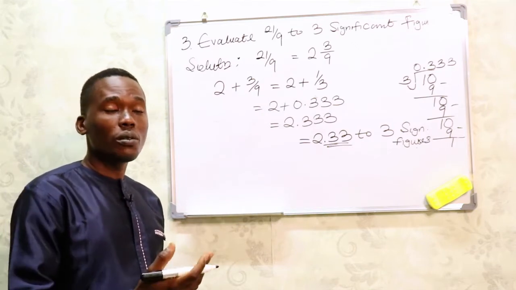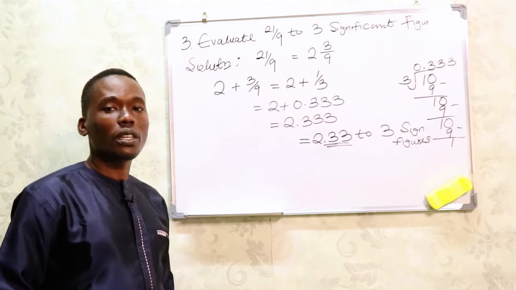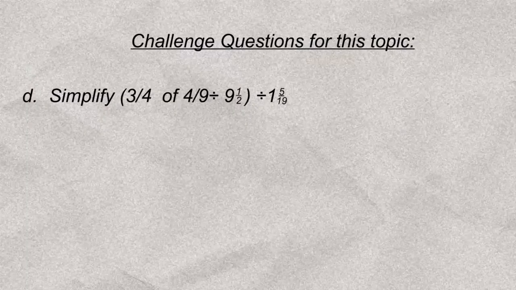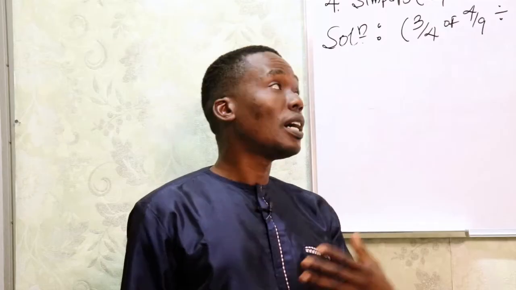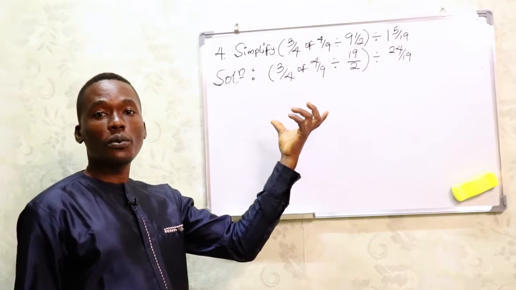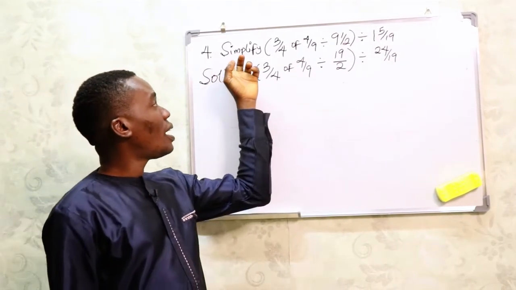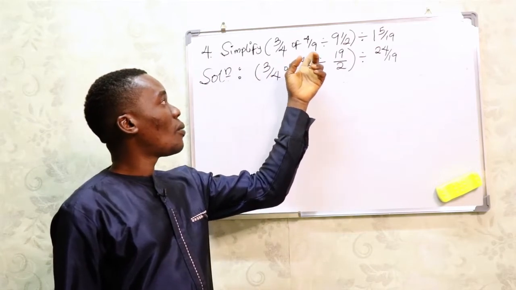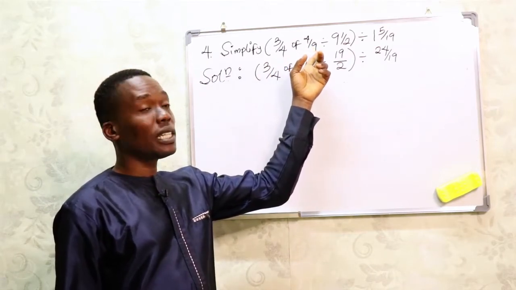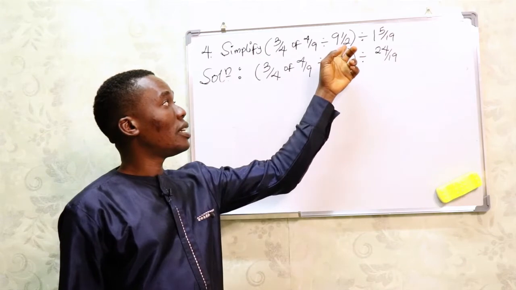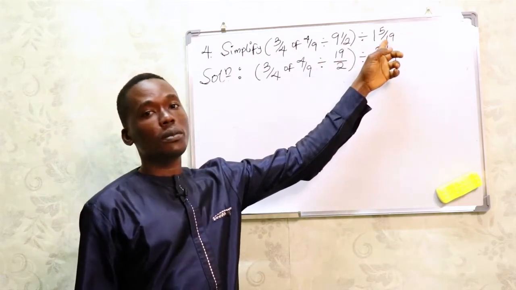Now let's look at the final sample question for this section. You are asked to simplify 3 over 4 of 4 over 9 divided by this mixed fraction and this mixed fraction.